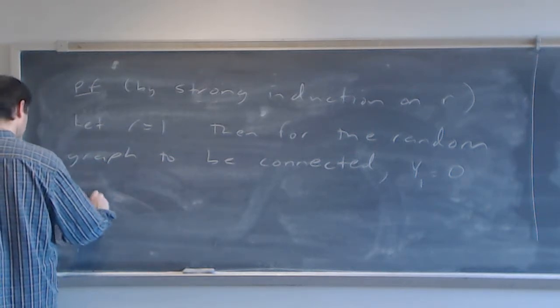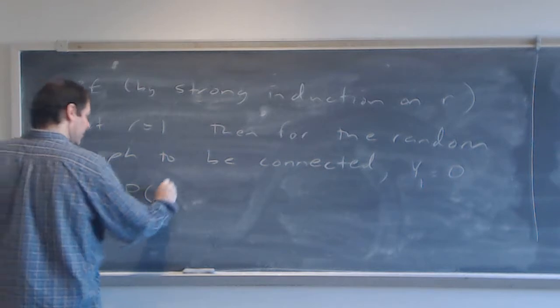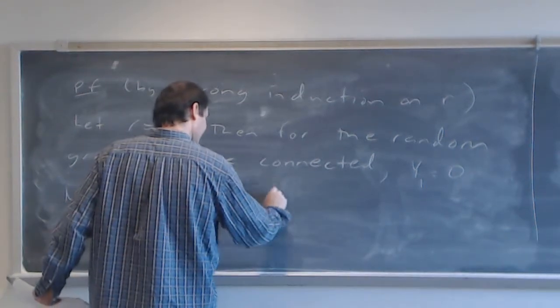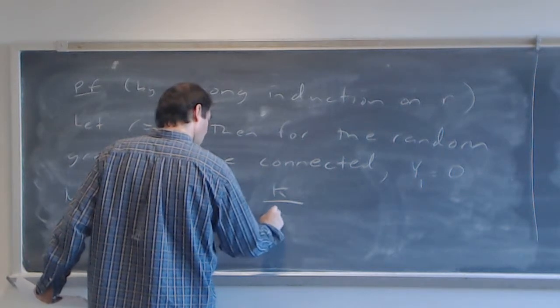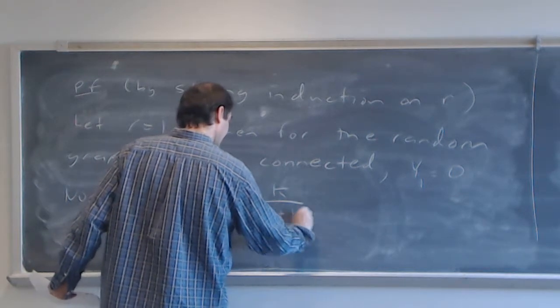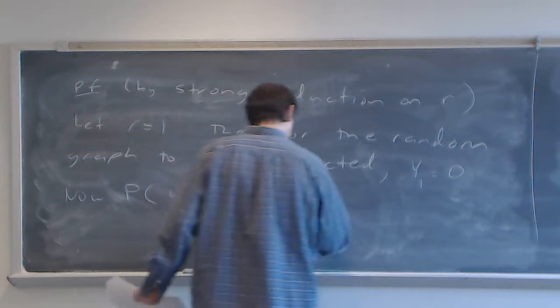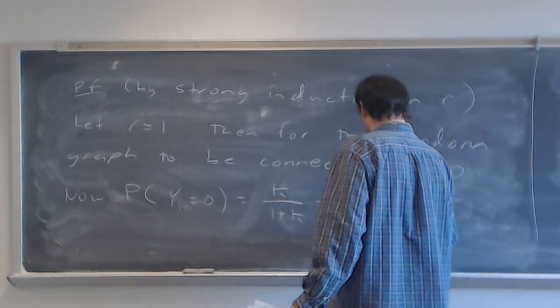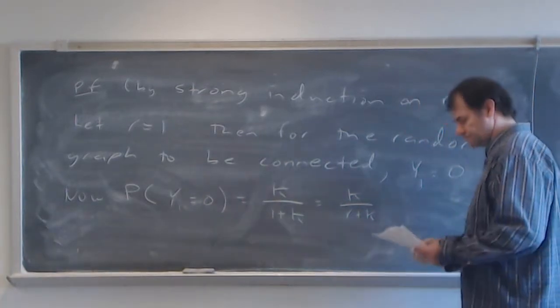Now, the probability that y sub 1 equals 0, that's equal to K, the number in the supernode, over 1 plus K, because there's only one regular node here, which is the same thing as K over R plus K, and that's what we're going to show.